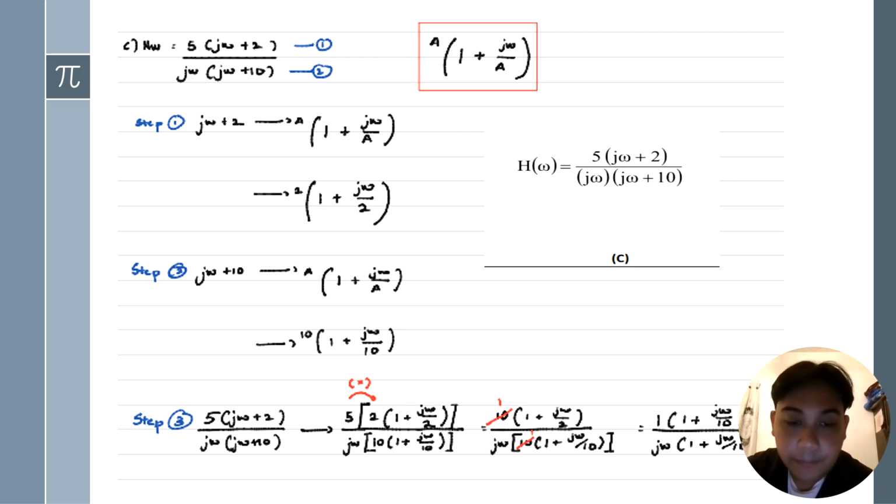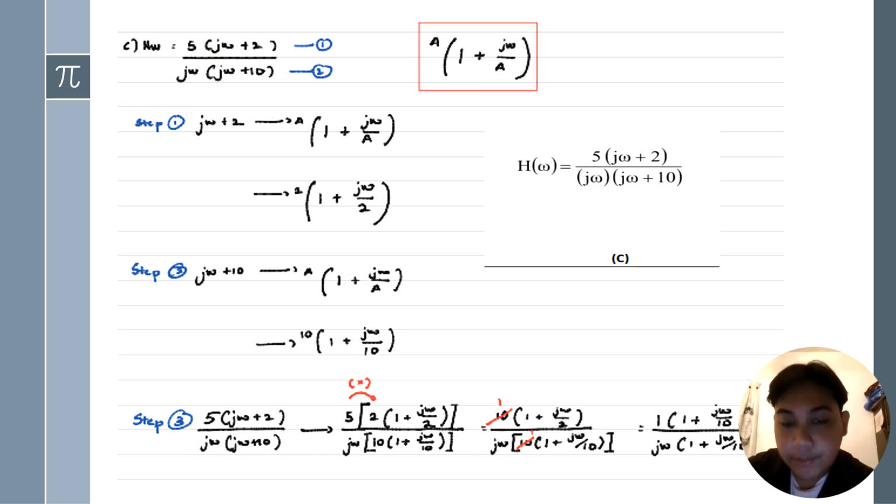Okay, for the first step, the numerator. First let's look at the terms in the numerator, which is jω + 2. By factoring out the constant 2, this becomes 2(1 + jω/2). This gives us a zero at ω equal to 2. Next, the denominator.